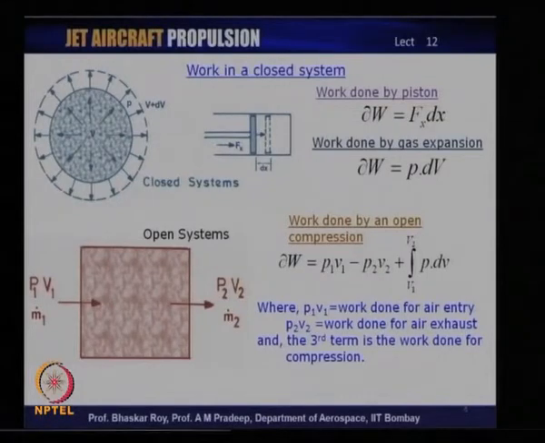In our case, for the purpose of compression, which means in the process of the flow going from 1 to 2, it experiences compression or pressurization. So, this is a simple way of writing down how the work can be expressed for a compression process.